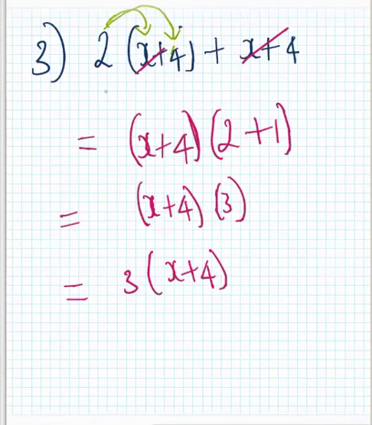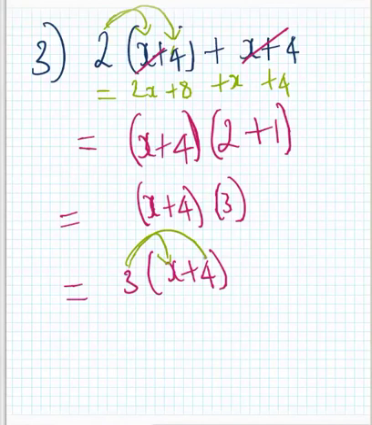If you expand this and simplify, we'll have 2 times x and 2 times 4, so 2x plus 8, and then plus x and plus 4, okay? And down here, if I expand this, 3 times x and 3 times 4, I have 3x plus 12.